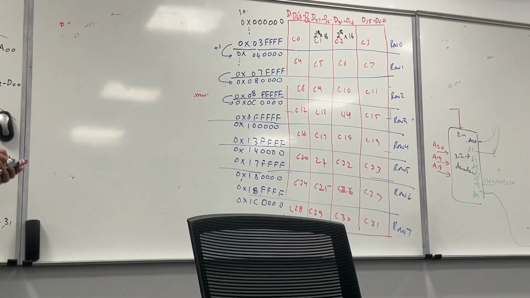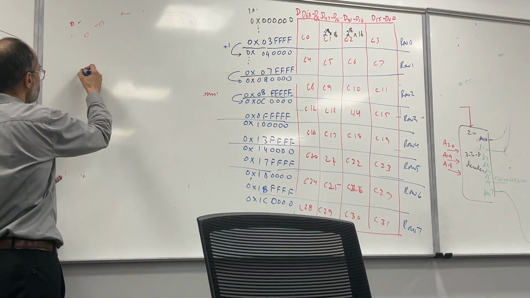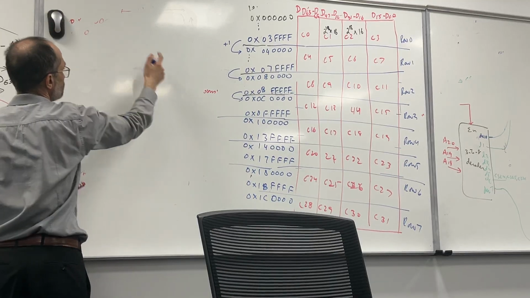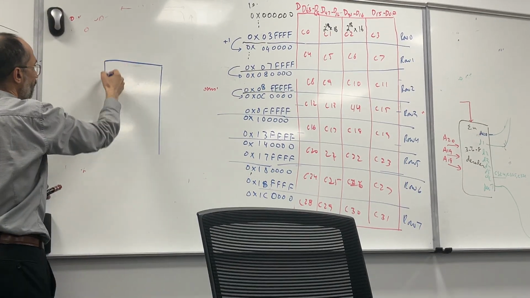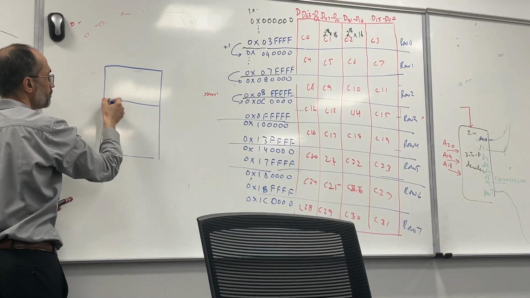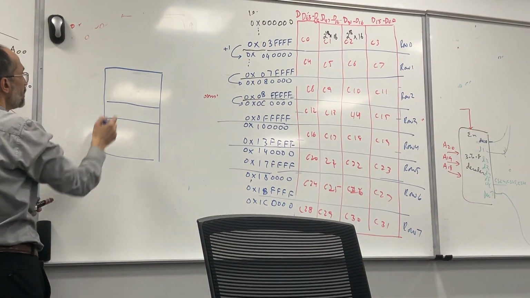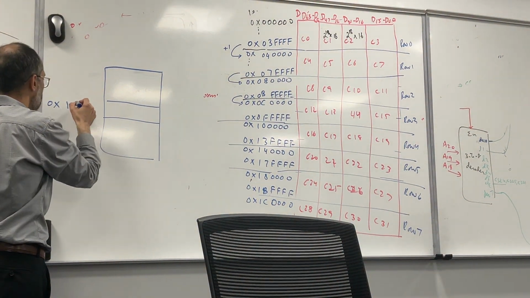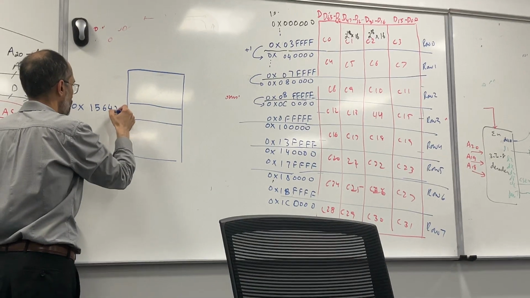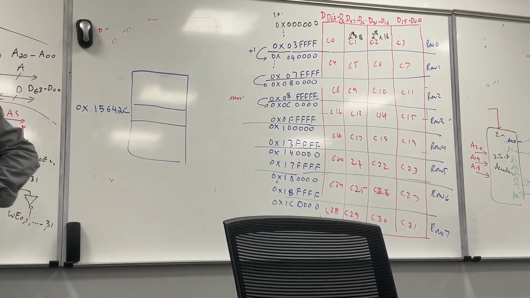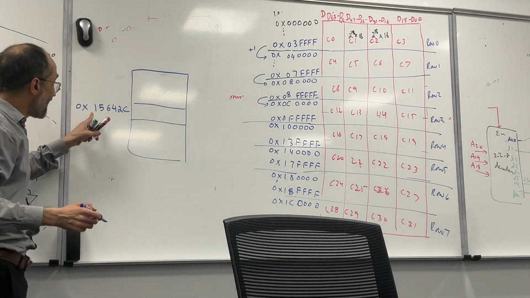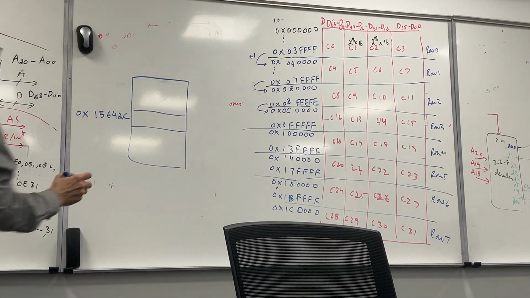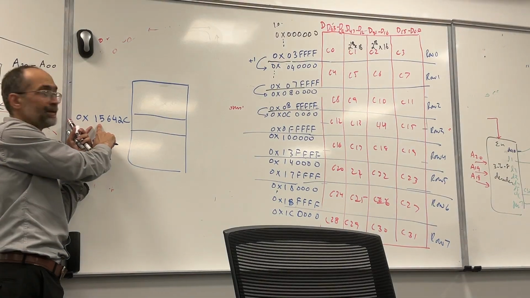Let's assume we have some address, and that address... Now this address belongs to which row? Can you tell me? Let's say we have this address. These are the address lines, and now these are data lines.